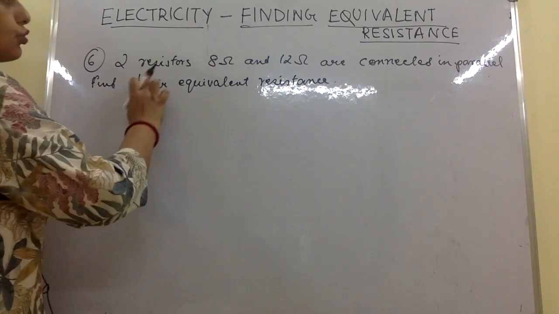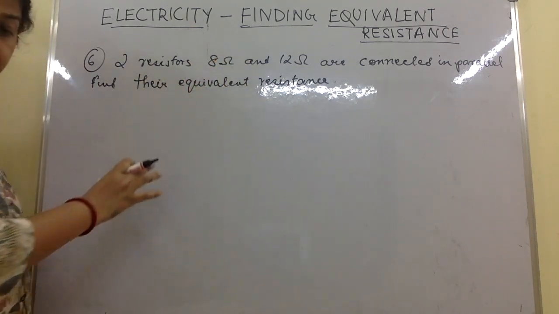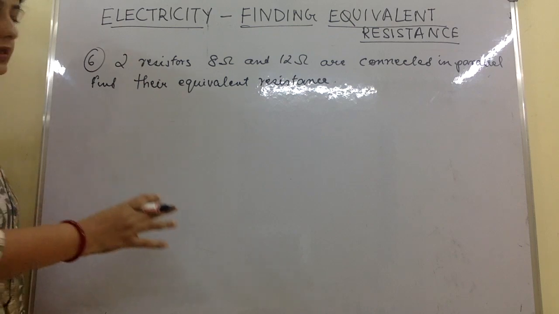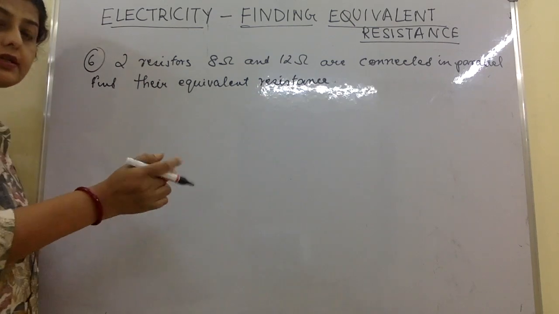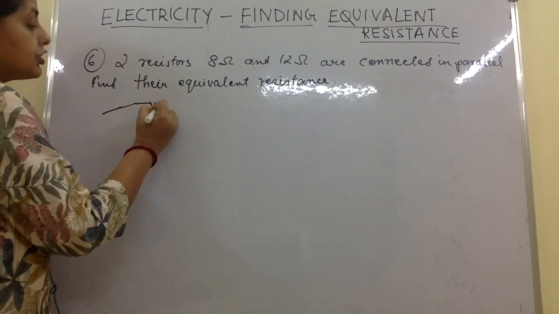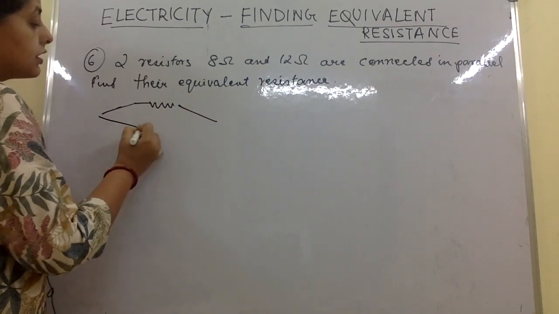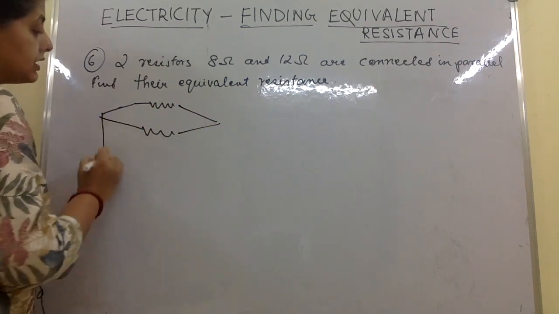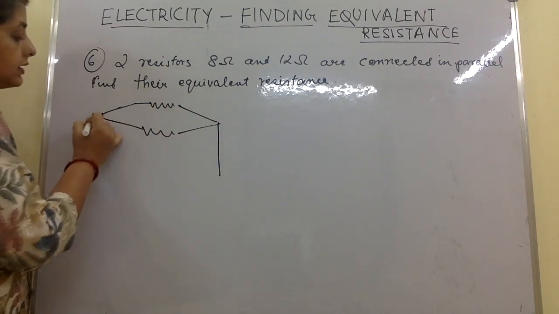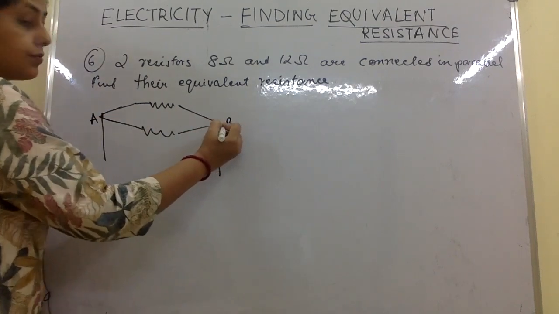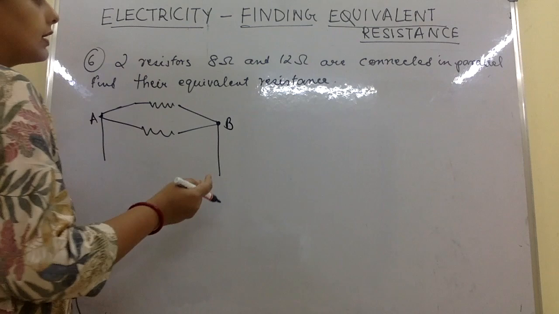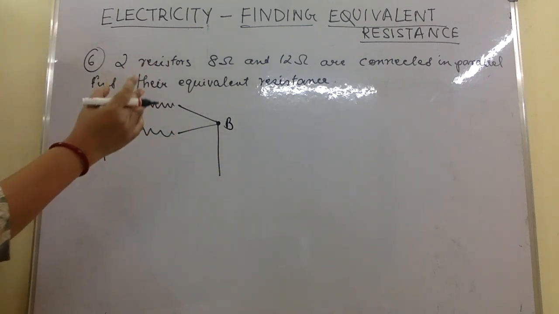Here the sum says two resistors 8 and 12 ohms are connected in parallel. Now drawing the diagram is absolutely essential, it will reduce your mistakes. These two are connected in parallel, this is junction A and this is junction B. Find the equivalent resistance.